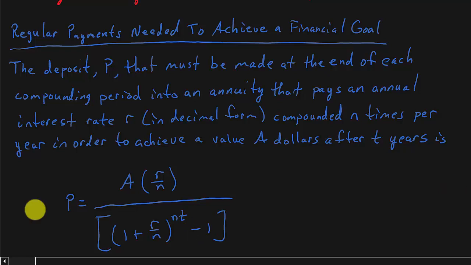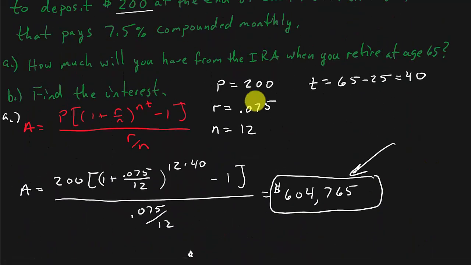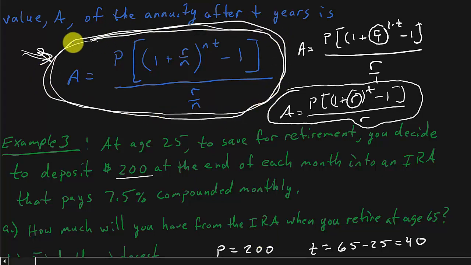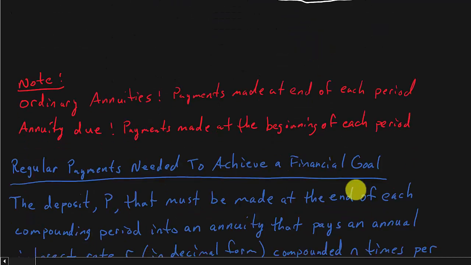Okay, here's your formula. Now to make it easy on yourself, you don't have to memorize this formula either. So far, the only formula that needs to be memorized is this one right here. That's it. Okay? So let me show you.